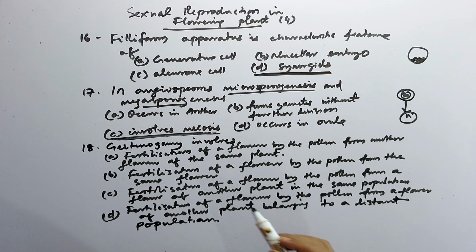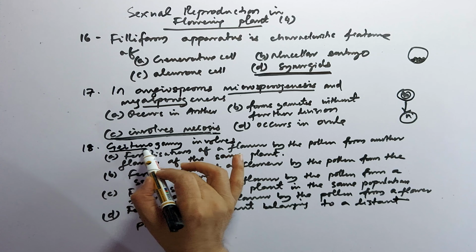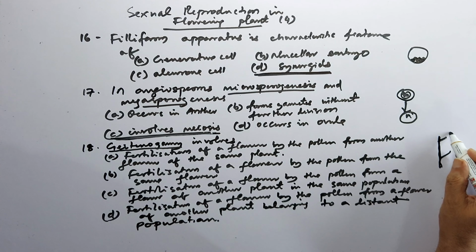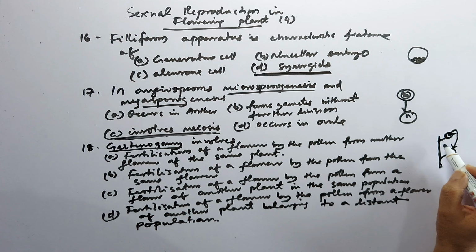First of all, we will discuss what we mean by geitonogamy. In our previous class we discussed that geitonogamy involves a single plant and two different flowers. Suppose pollen from this flower falls on the stigma of another flower of the same plant; only a single plant is involved.